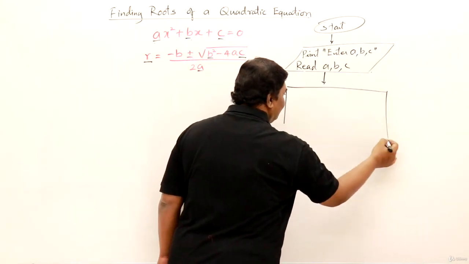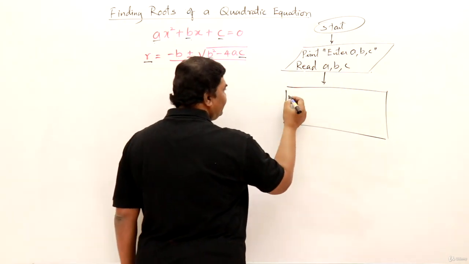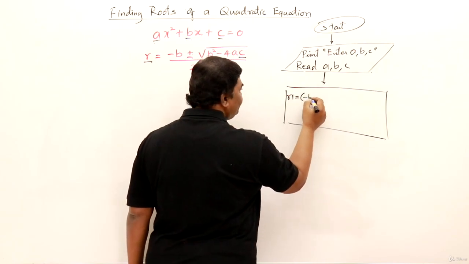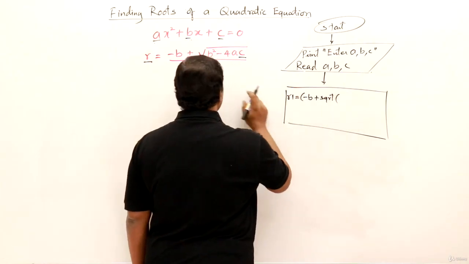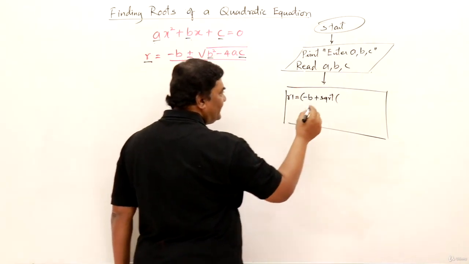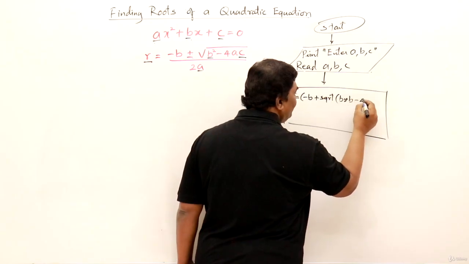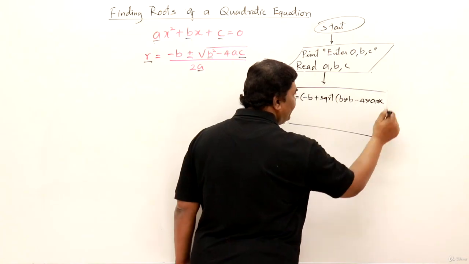Next is the process. We get two roots, because one is with plus and one is with minus. R1 is the first root, and that is minus b plus sqrt of b square minus 4ac. So this is b into b minus 4 into a into c. I need more space.